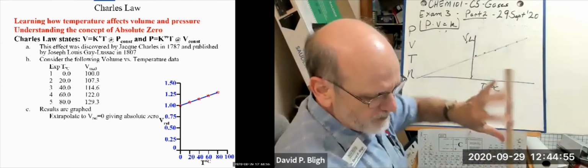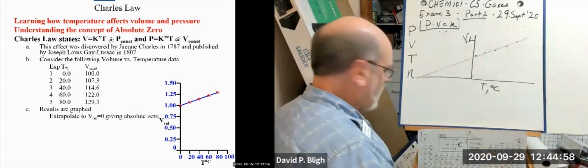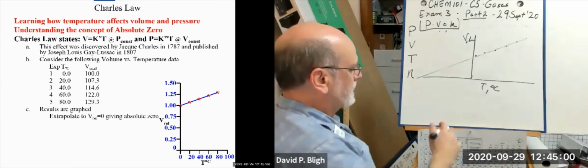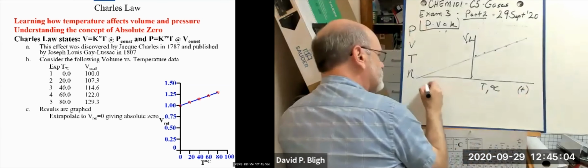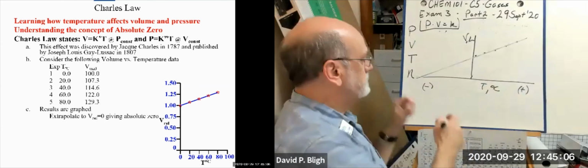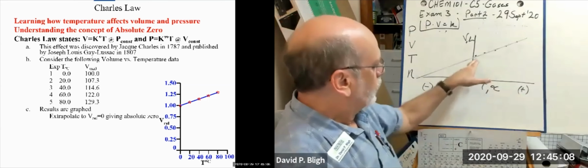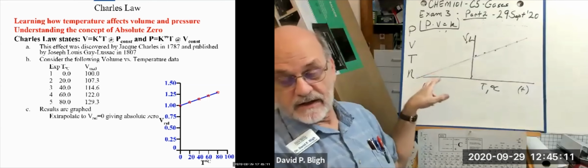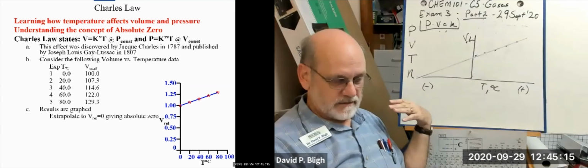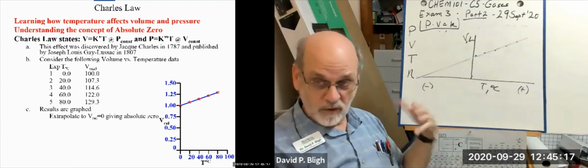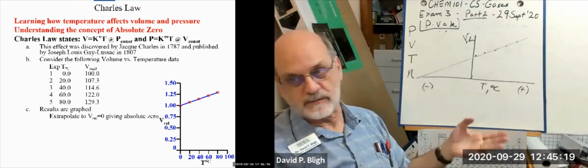Okay, so if we extrapolate on the negative side, we have positive values over here, negative values over here for degrees centigrade. We really don't know what's going to happen down here. You can assume that if the gas were ideal, that it would remain a gas forever, no matter what the temperature was.